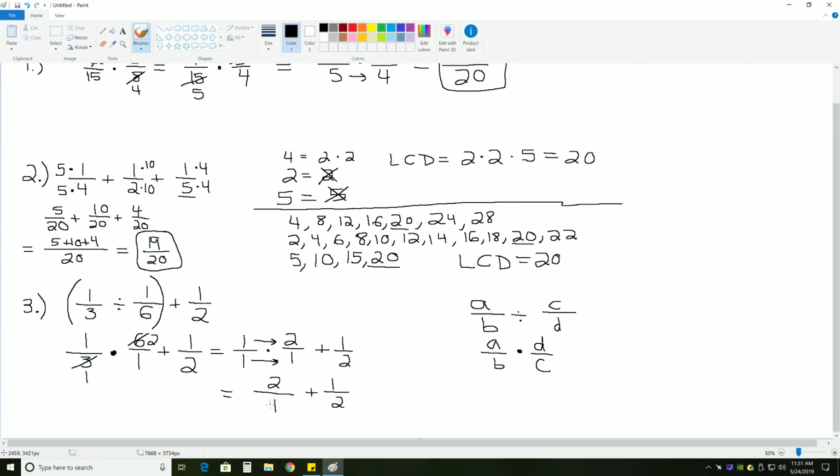So to get this 1 to become a 2, we're going to multiply it by 2. And when we do that, to keep this problem the same as how we started, we're going to multiply the top by 2, which gives us 4 over 2 plus 1 over 2.